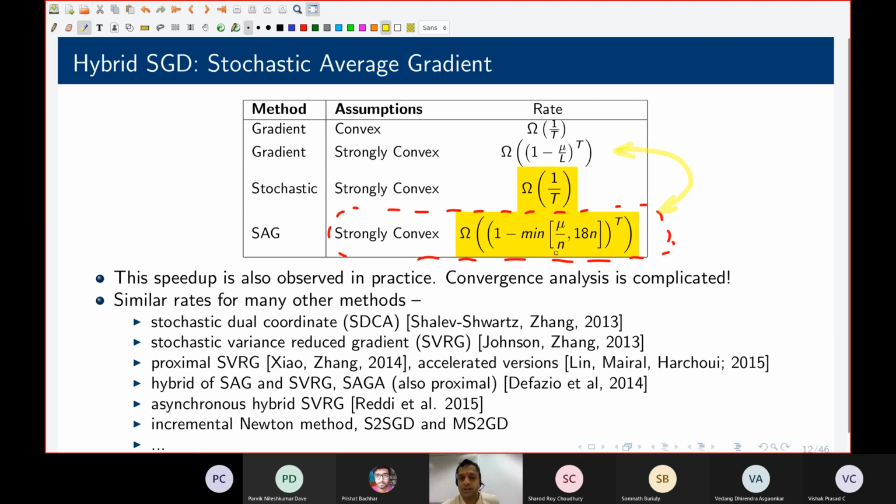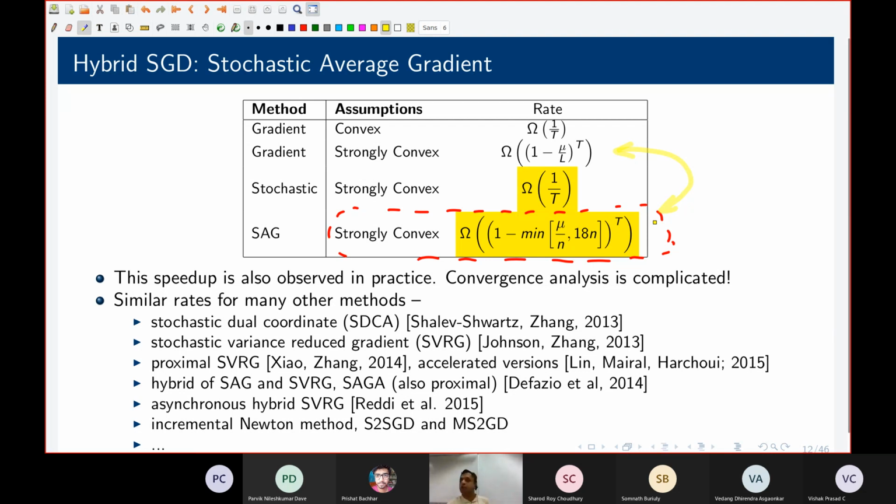So this is still 1 minus something, the whole raised to t. The implication is that if your batch size increases, the asymptotic case will become basically gradient descent. You can verify that. Mu remains the strong convexity parameter.